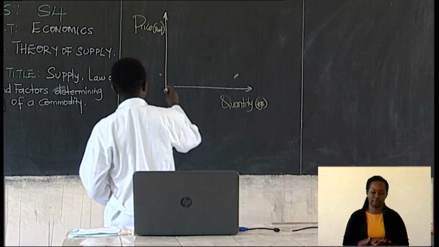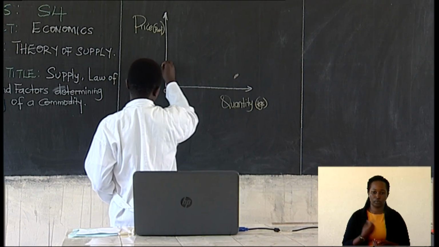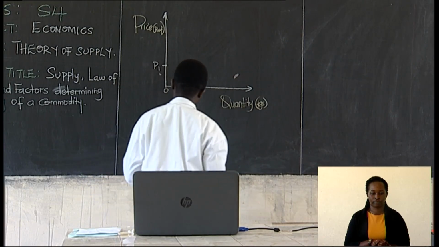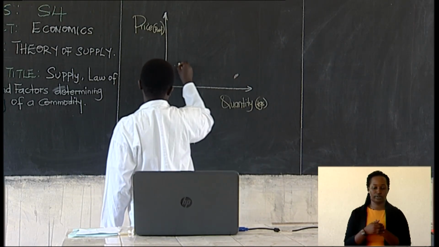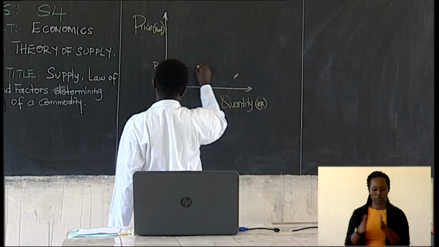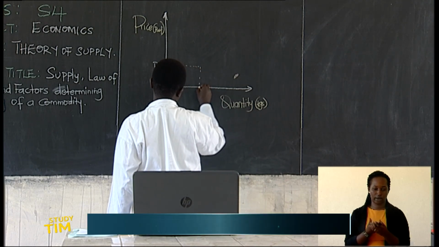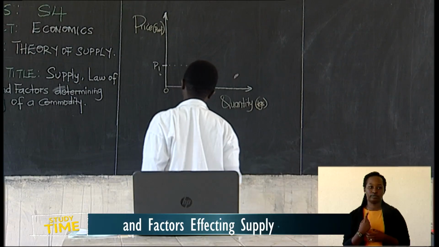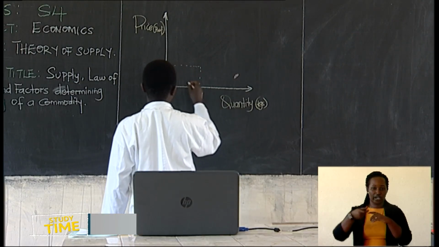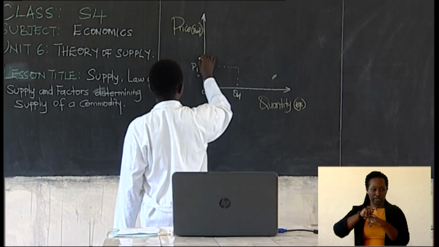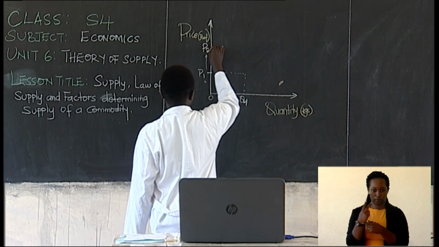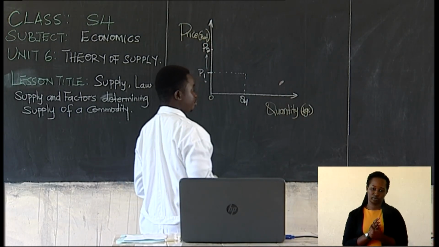Assume at price P1, producers are willing to supply quantity 1. Then the price increases from P1 to maybe P2.